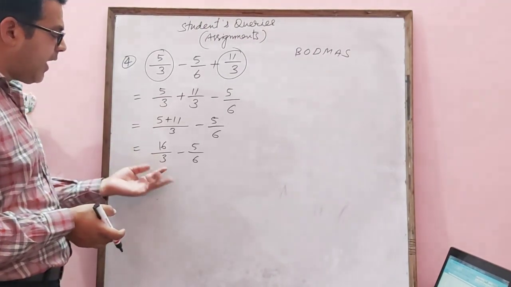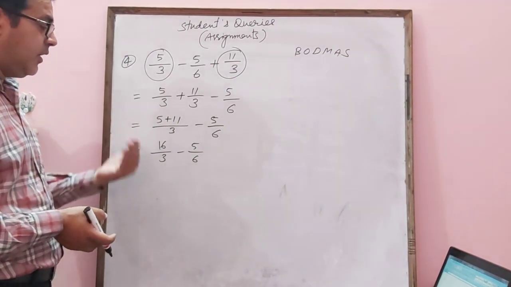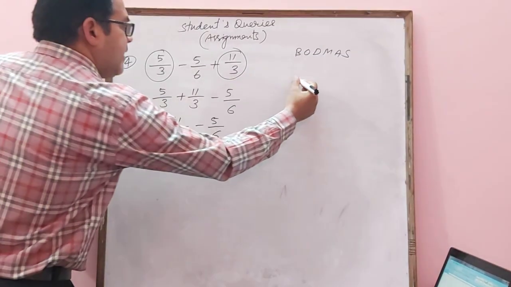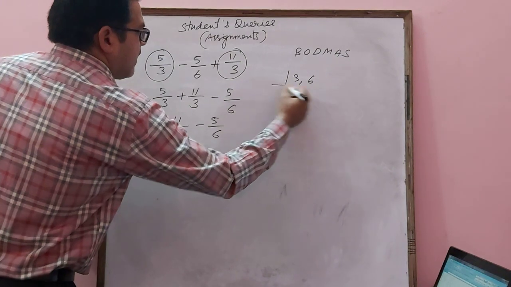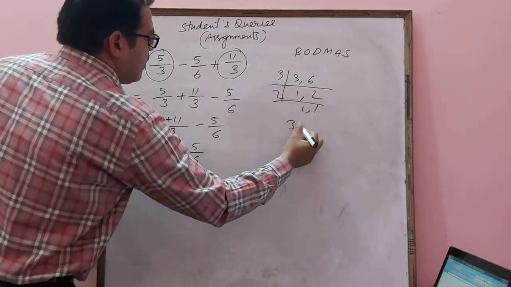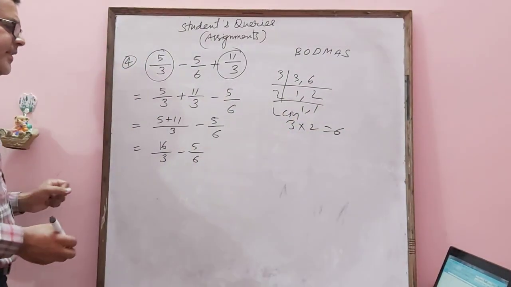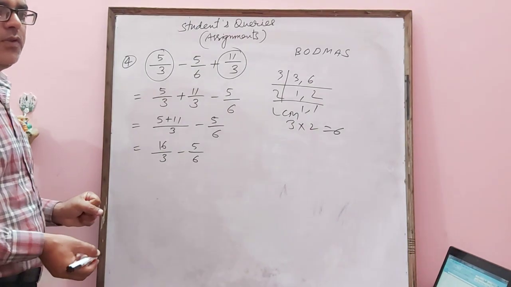We have to take LCM now of 3 and 6 to make them like fractions. So what is LCM of 3 and 6? By 3, 1 time, 2 times, by 2, 1, 1. So 3 into 2, that is 6. So LCM of 3 and 6 is 6. Right?